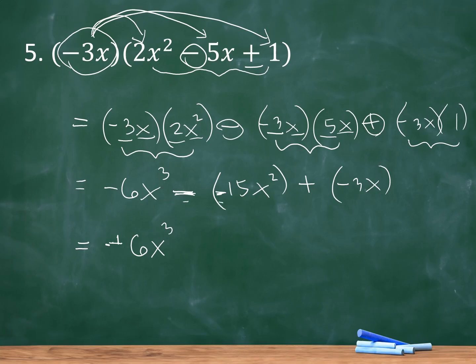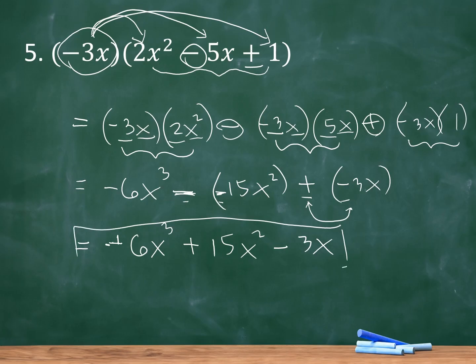So minus negative 15x squared will become plus 15x squared, and then here notice we have plus and negative 3. Remember, positive times negative is negative, so we just simply write here negative or minus 3x. So this will be our answer, negative 6x cubed plus 15x squared minus 3x.